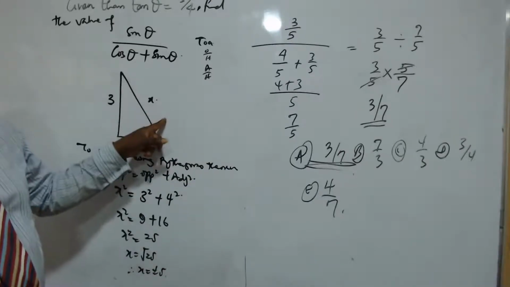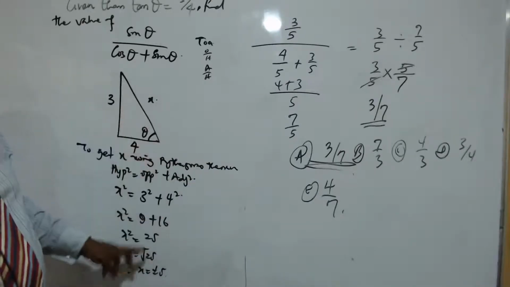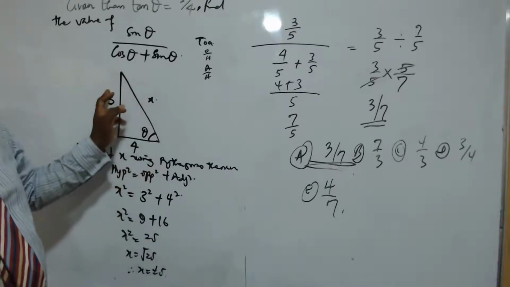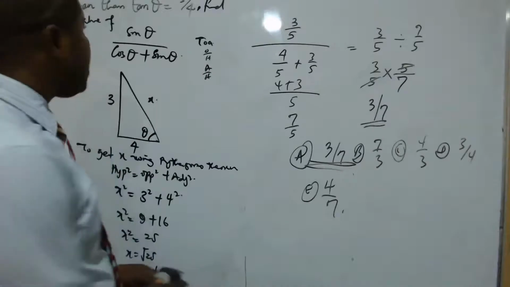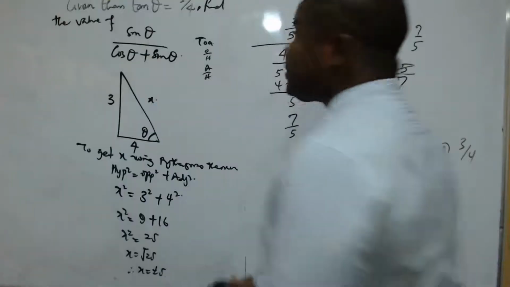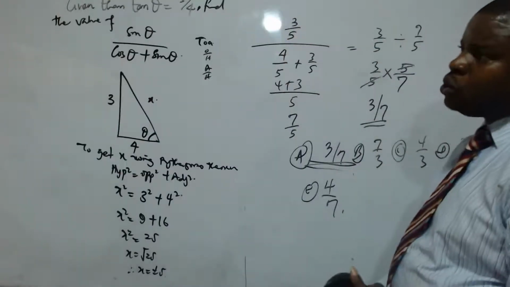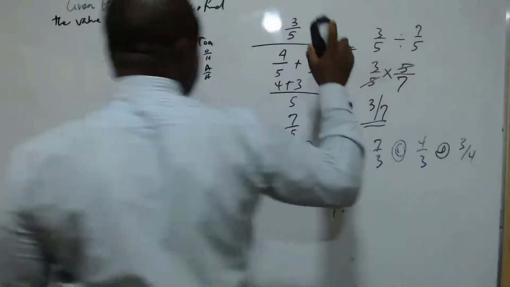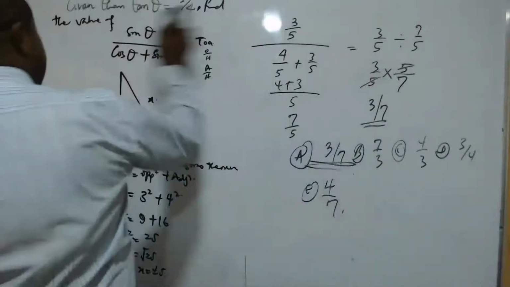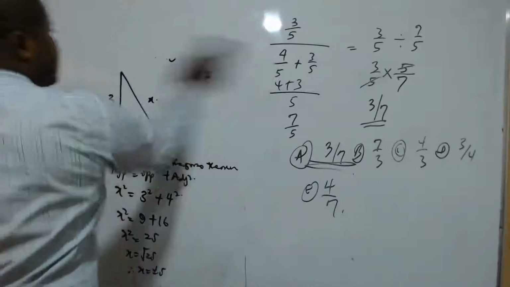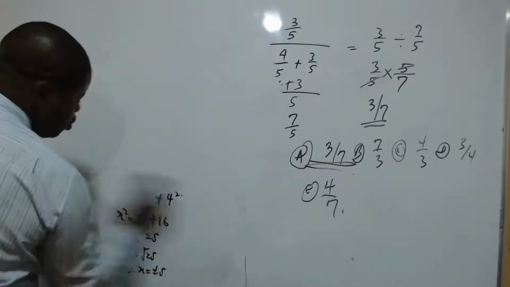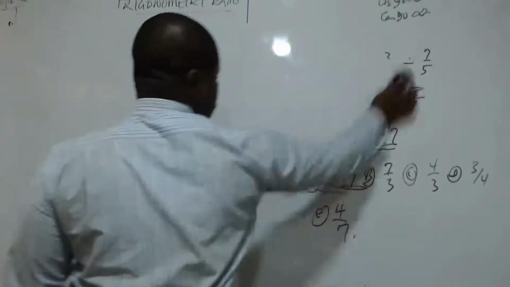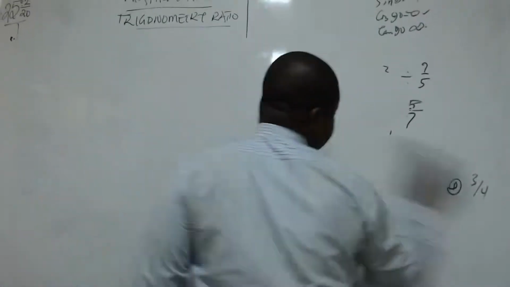To get to the other side of the triangle, you need to apply those so-called rules. The other one I'm going to do is called sine rule and cosine rule under this trigonometry ratio. Then, the next one we're going to do now is sine rule, cosine rule.